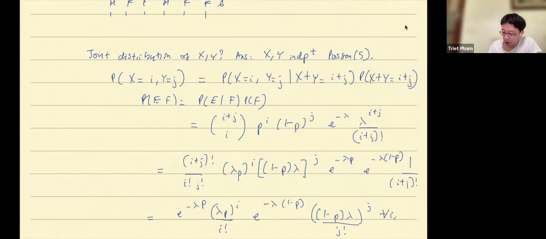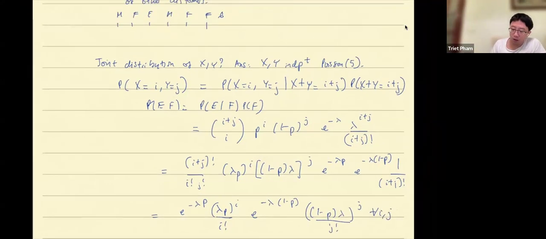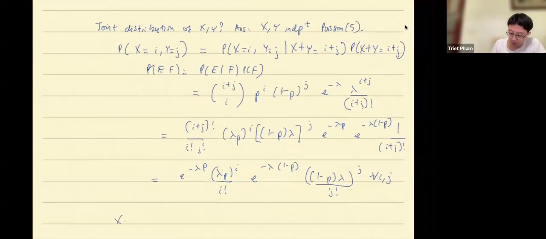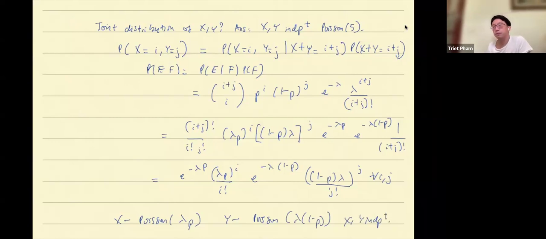It's true for all I, J. So that's why, in general, X will be Poisson lambda P, Y will be Poisson lambda 1 minus P, X and Y independent. Any question?